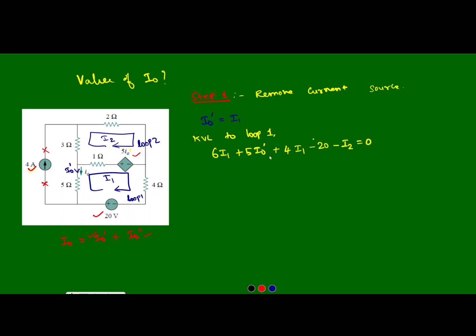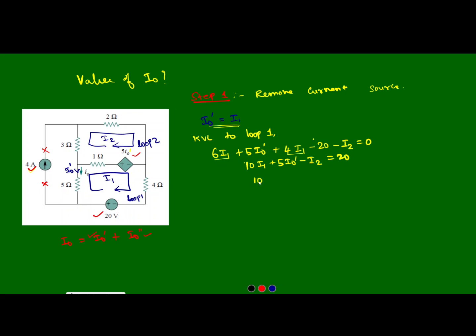Now in this equation, this is 6I1, this is 4I1, so we can write 10I1 plus 5I0 dash minus I2, which is equal to 20. This 20 term, when we transfer to the right hand side of this equation, will become positive. Now as we know that I0 dash is equal to I1, we need to apply the value I0 dash wherever I1 is available.